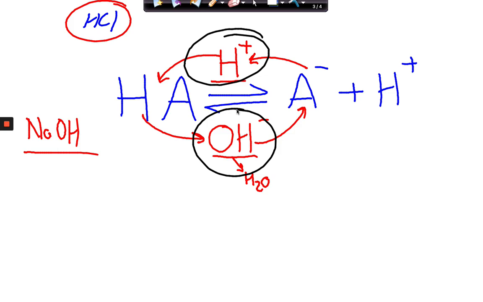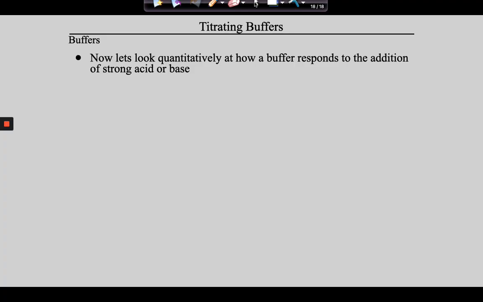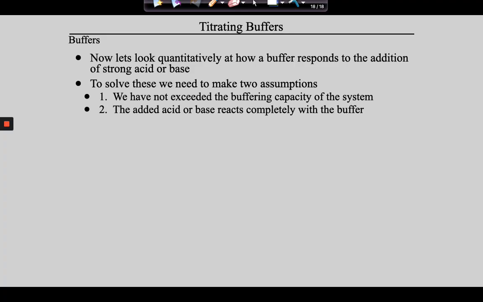All right. So, guys, it goes like this. Don't write this down, but we do need to talk about this. In order for us to do this, the first one is obvious, and the second one, honestly, is a godsend. These are the two assumptions that we need to make. First of all, we need to assume that we haven't broken the buffer.